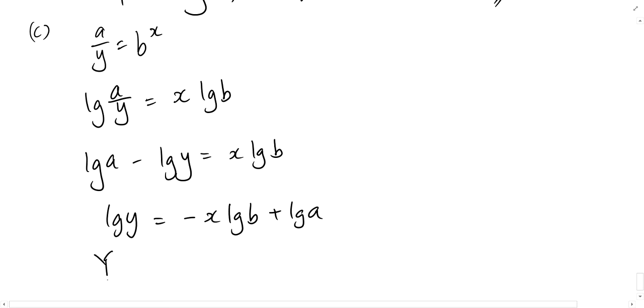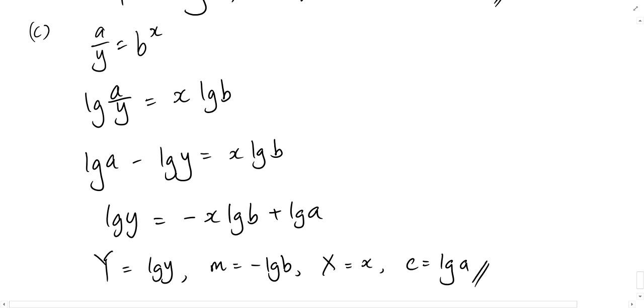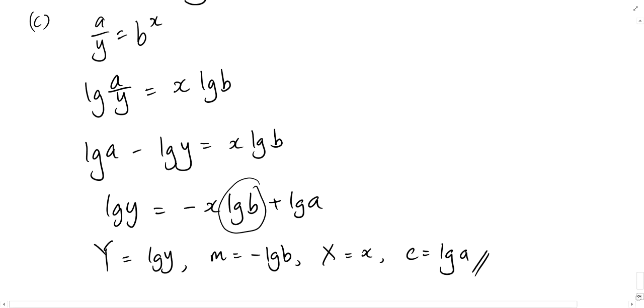So our big Y equals to log y, our M equals to negative log b, big X equals to x, and C equals to log a. The big Y can be x log b. Log b is a constant. Shouldn't big X be negative x? No. Our variable only can have variable, constant only can have constant.